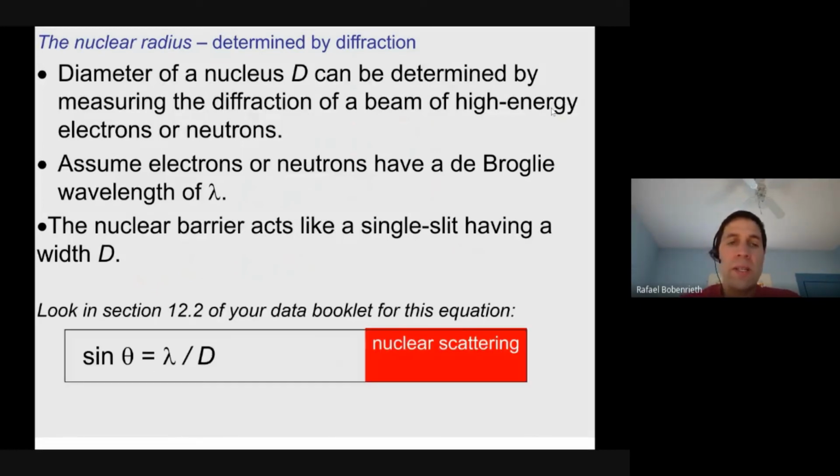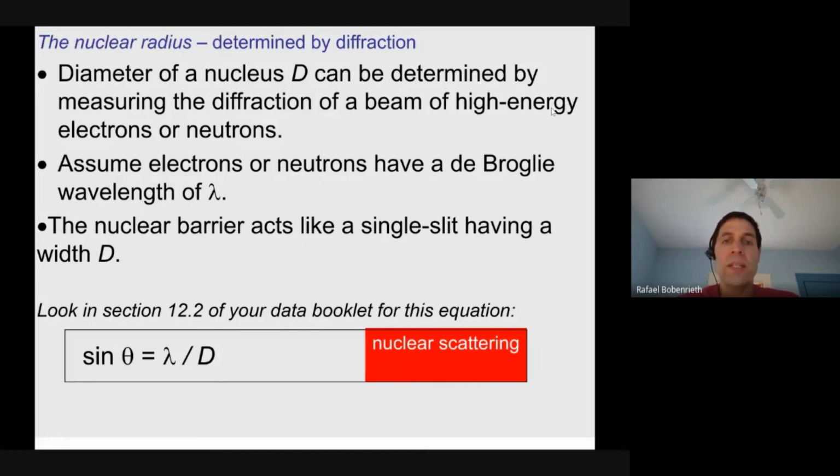If you look in section 12.2 of your data booklet, there is this little formula that seems completely out of place, because section 12.2 is all about nuclear equations, nuclear physics. This sine theta equals lambda over d appears there, and I just want to make sure you realize why it appears there: we can use this property of diffraction and the idea that particles, electrons, neutrons, exhibit wave-like properties to measure the radii and the diameter of nuclei.